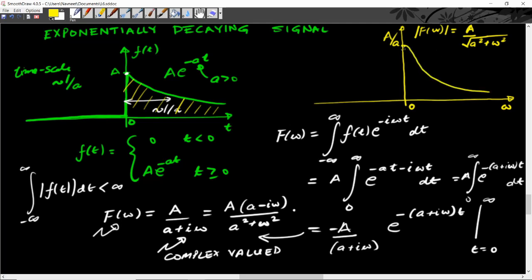The magnitude of the Fourier transform is symmetric and it decays with omega. The Fourier transform looks something like this. So note that in time domain, the exponentially decaying function has a width that scales as 1 over a, whereas in frequency domain, if we represent this function using the Fourier transform, then the width of this function scales as a.